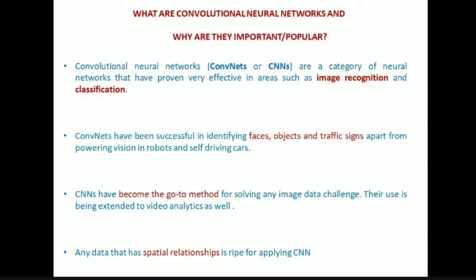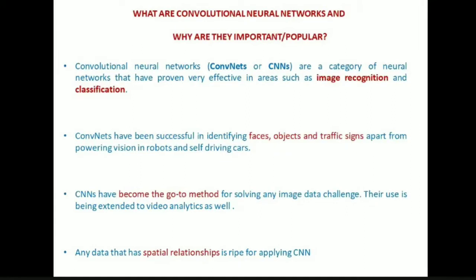They are simply called convnets, or otherwise CNNs. These are the category of neural networks which are very effective in areas such as image recognition and image classification.